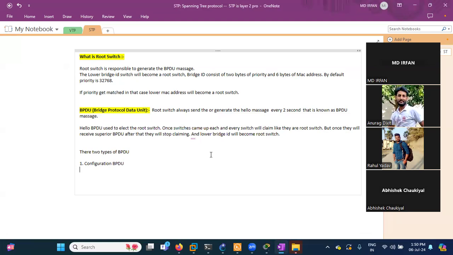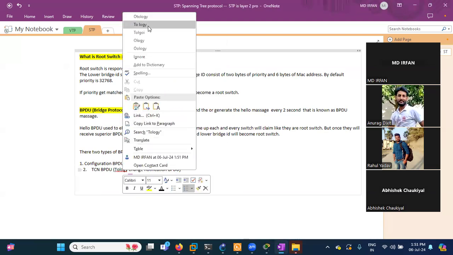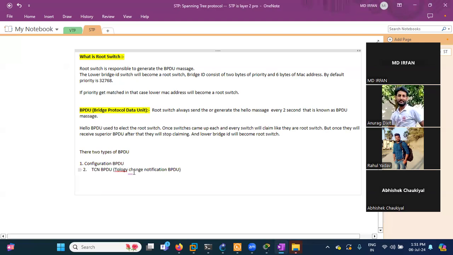And second is the TCN BPDU. TCN is nothing but the topology change notification BPDU. Okay, these are the two terms.